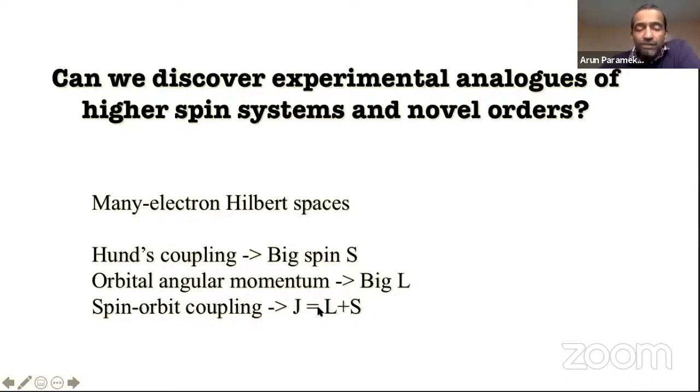Spin-orbit coupling can be larger or smaller than the Hund's coupling, depending on details. But this combination of Hund's coupling and spin-orbit can give rise to a number of interesting higher spin degrees of freedom.